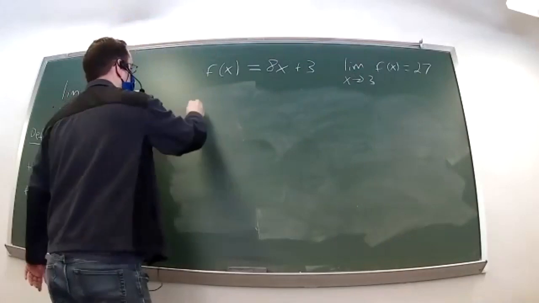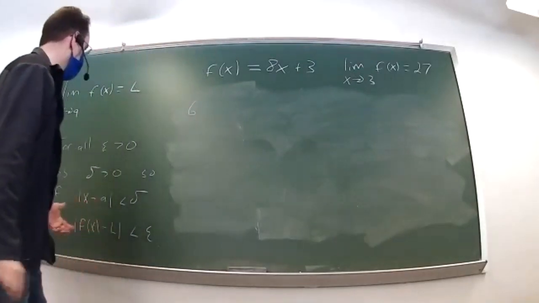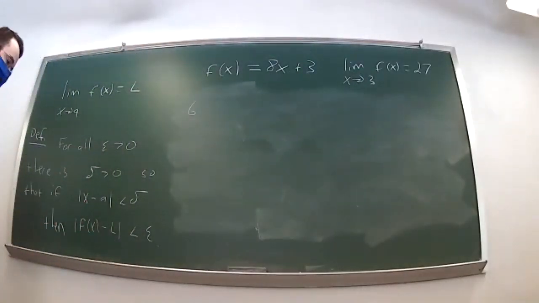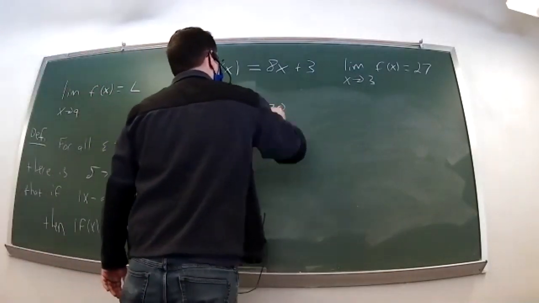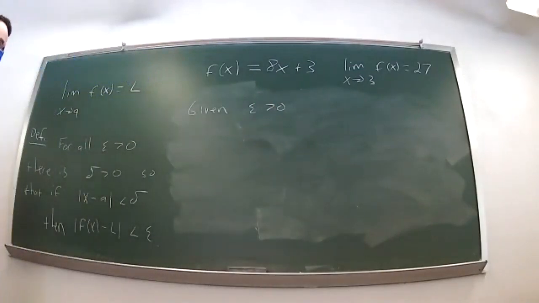Because if someone says, okay, let me give you a distance, but it's unspecified, it's just some positive number epsilon, it might be 1 over 100, it might be 1 over 1,000, it might be 1 over a billion, whatever.